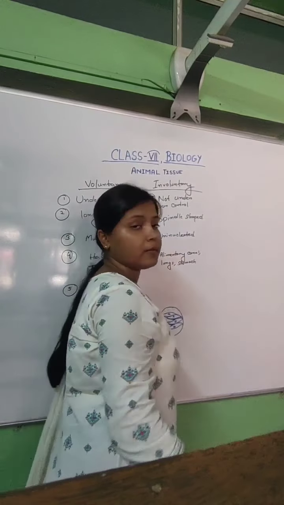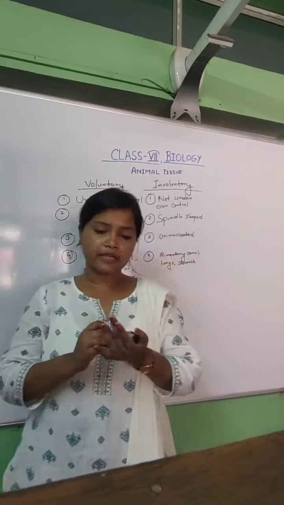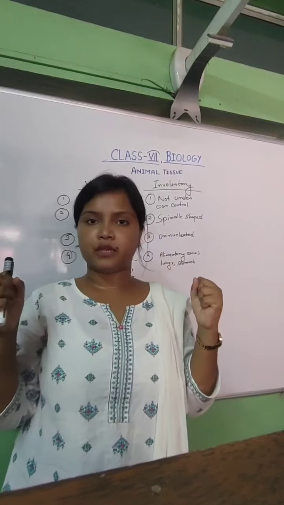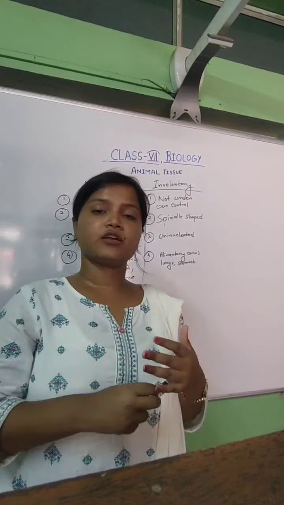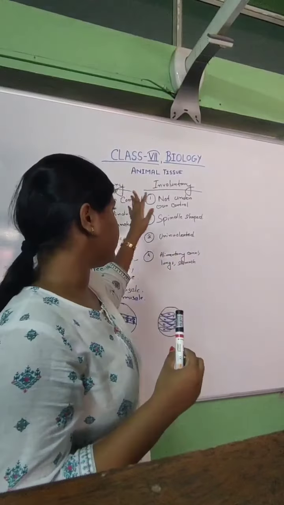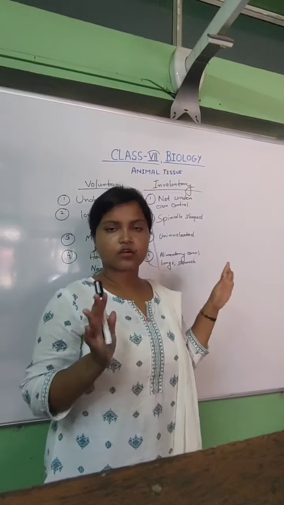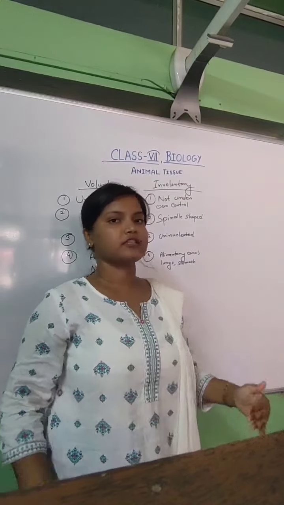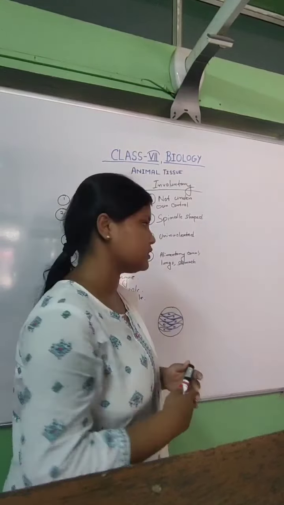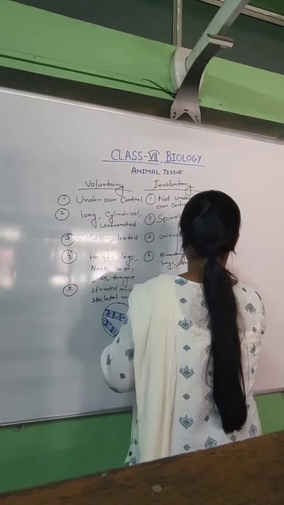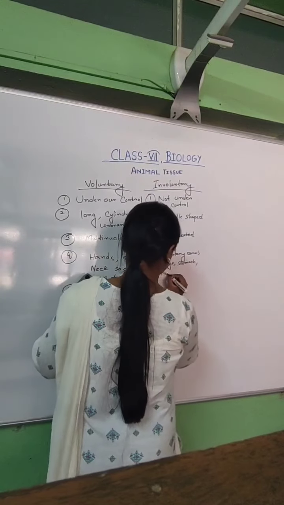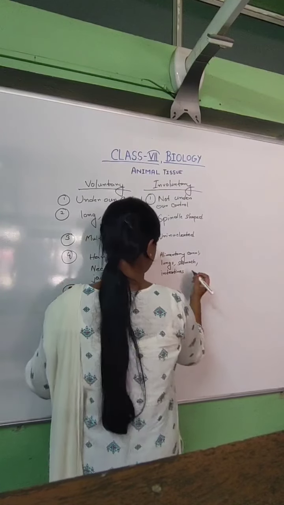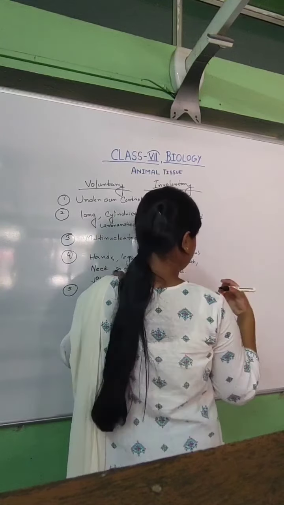In case of the stomach, the outer lining is made up of epithelial tissue, and the movement that is happening inside is caused by involuntary muscle tissue. So don't get confused and ask, ma'am, in case of stomach, which one is present? Both are present. Okay, intestines, and so on. Everywhere it is present.